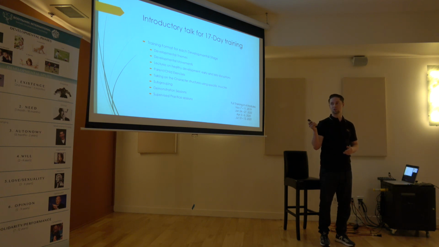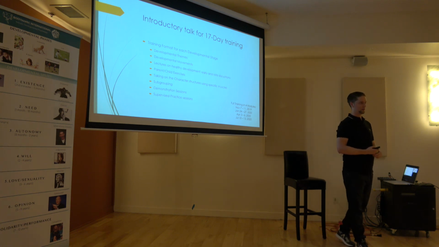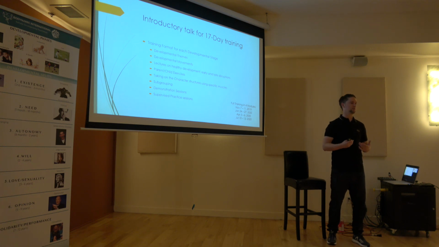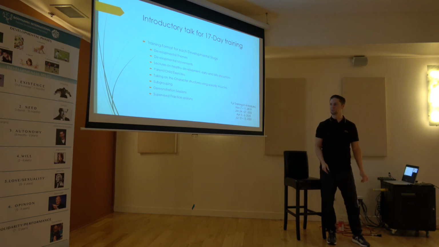And so we have, again, 2 for each developmental stage, 1 for each character structure. And then there are supervised practice sessions. In the supervised practice sessions, you actually get to practice doing Bodynamic therapy, and you practice using the muscles that were learned, and you contain the muscles to a specific developmental theme in the practice sessions.